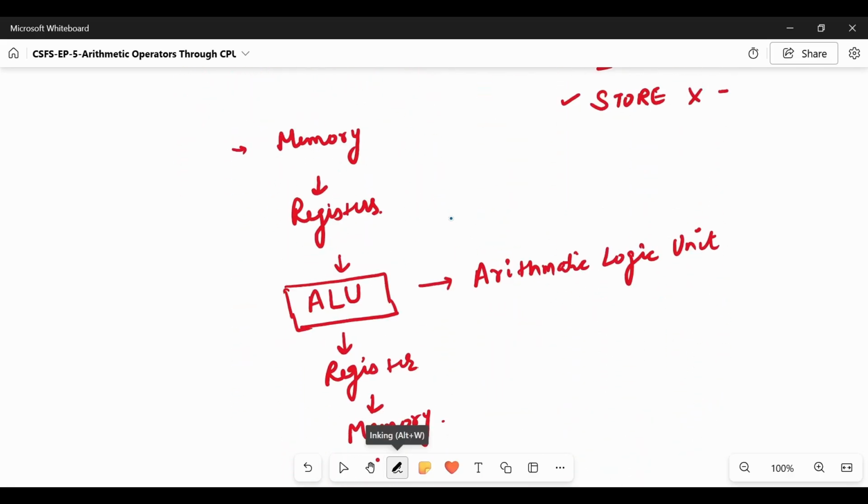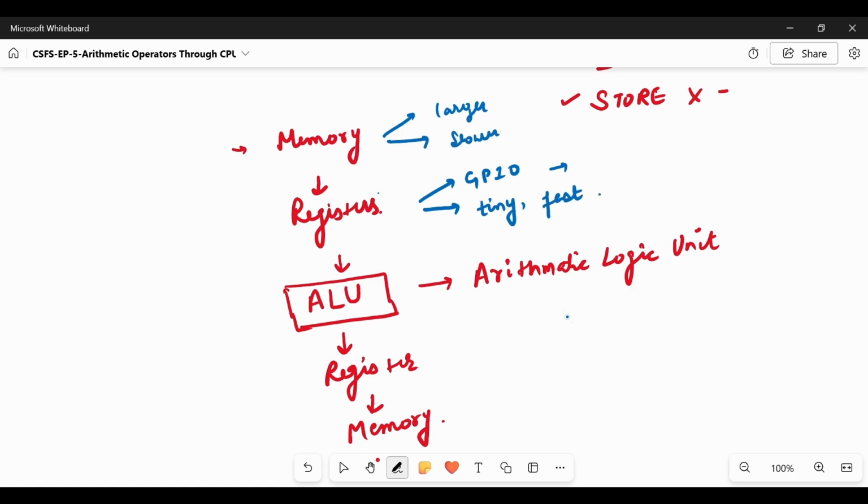We have different kinds of registers like GPIO, timers, interrupts, various registers. Registers are very fast, tiny hardware components where all the computations happen. Memory, in comparison, is larger and slower. So take a simple example: int x is 10 and we add 3, so 10 plus 3 is 13.